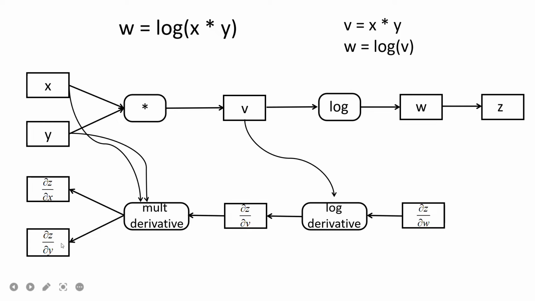You see z has been differentiated with respect to all the variables x, y, v, w, variables, not operations, assuming every other variable to be constant. So you see dz by dx, dz by dy, dz by dv, dz by dw. What is z? Z is the last variable.